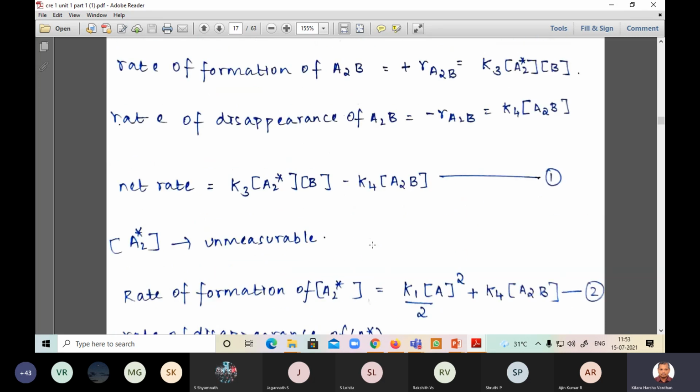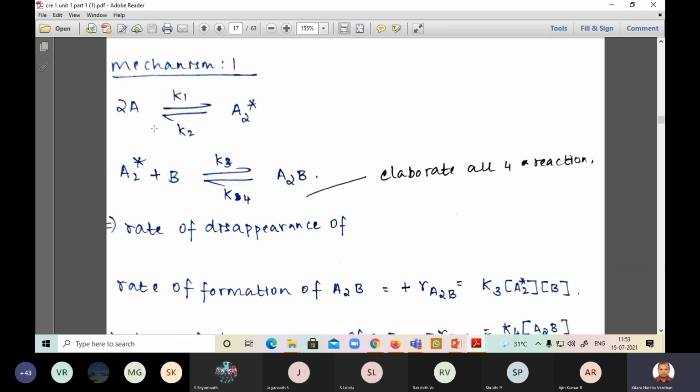Like that, we have to write the rate of disappearance of the intermediate. In the K2 step it is being disappeared, and in the K3 step also it is being disappeared. So how will we write it? K2 into A2 star plus K3 into A2 star B, because the equation is going like this.